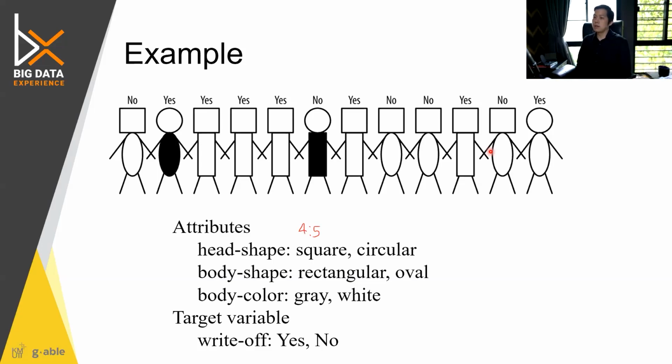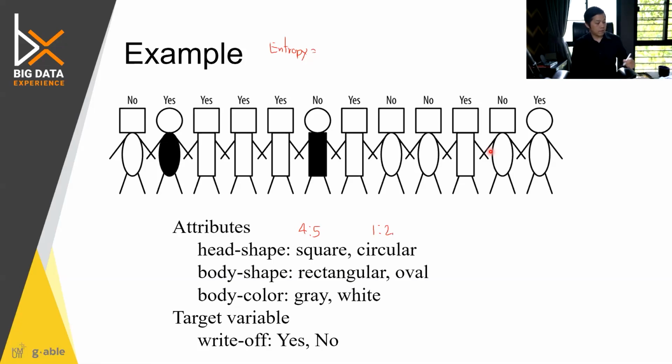And for circular head shape, you see the proportion is 1 to 2. What is the information gain for this one? What do we need to do first? We need to calculate the entropy of the parent.